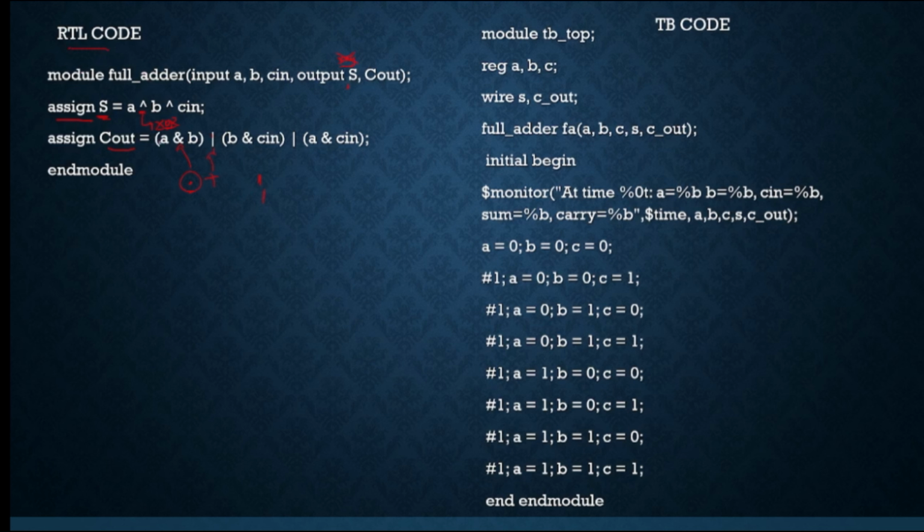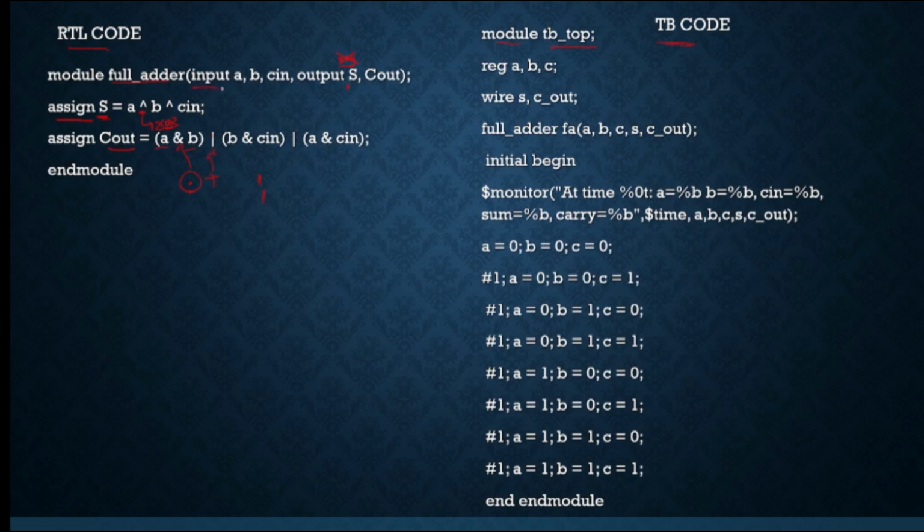Now, in order to check whether your full adder is working correctly or not, you will be passing the values. From where will you pass the values? Through test bench code. In the test bench code module, TB top, just like full adder, I'm giving one more name like TB top.